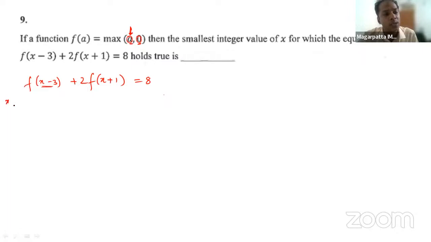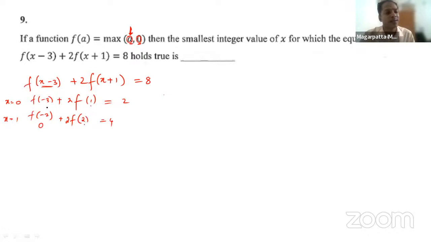So if I put x equal to 0, this is f of minus 3 plus 2 times f of 1. This would be 1 into 2, 2. If I put x equal to 1, this would be f of minus 2, that is 0 only, plus 2 times f of 2. f of 2 would be 2 only, 2 into 2, that will be 4.